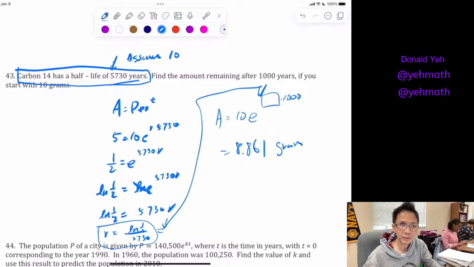What happens is I'm going to go to ln of half. Do you see that? Divided by 5,730.